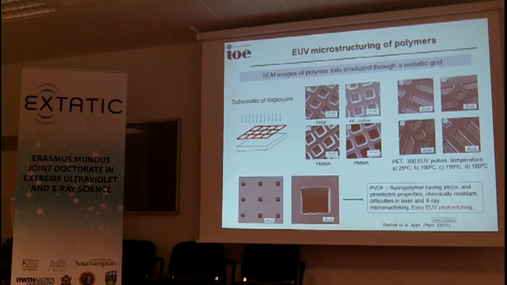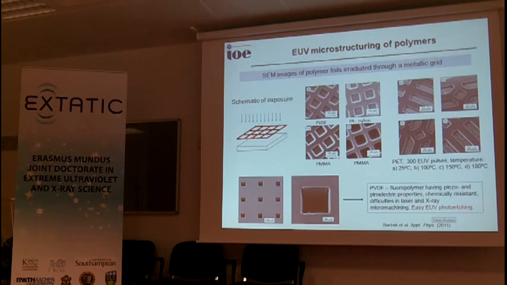Besides processing and modification of polymers, we also try to use this technique for microstructuring, to produce some parts. And we found that EUV light is quite useful. For instance, there are some polymers that are chemically resistant and quite difficult to process using lasers and X-ray micromachining with synchrotron.